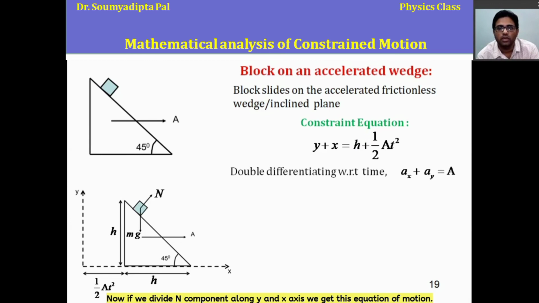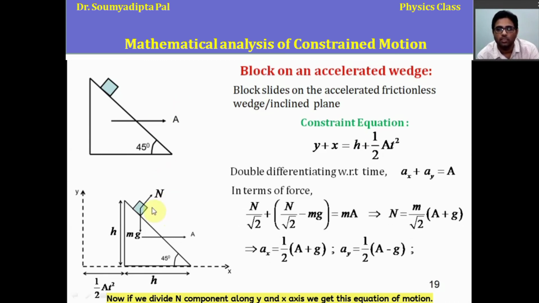Now if we resolve the normal force N along the y and x axes, we get these equations of motion, and after that we get this expression of N. Now using this expression of N, we can obtain the x and y components of acceleration of the block like this.